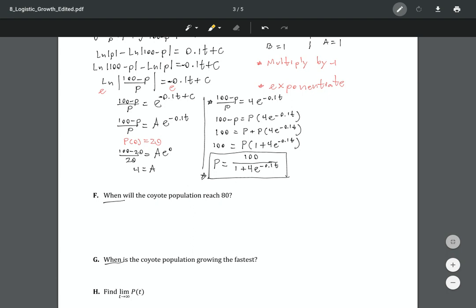Actually, I'm going to start right here, because I'm trying to get to basically t. So every step you're going to see me do is just going to be backwards. So I'm going to start from right there. I'm going to solve for t.